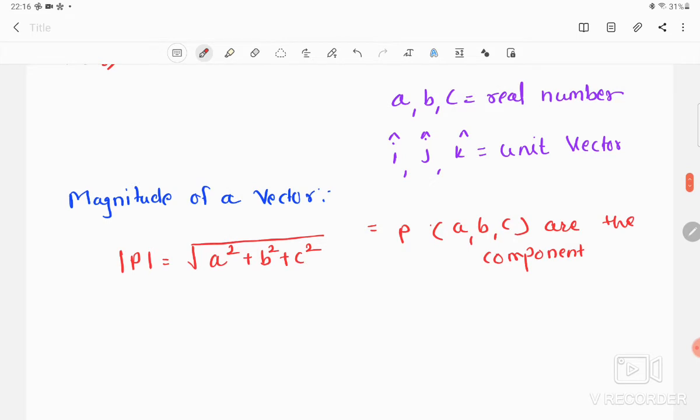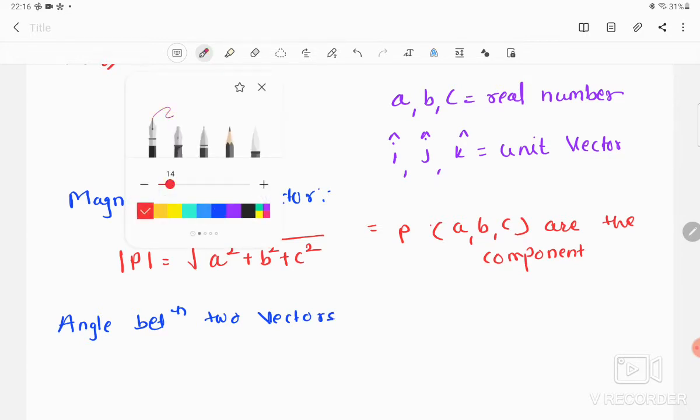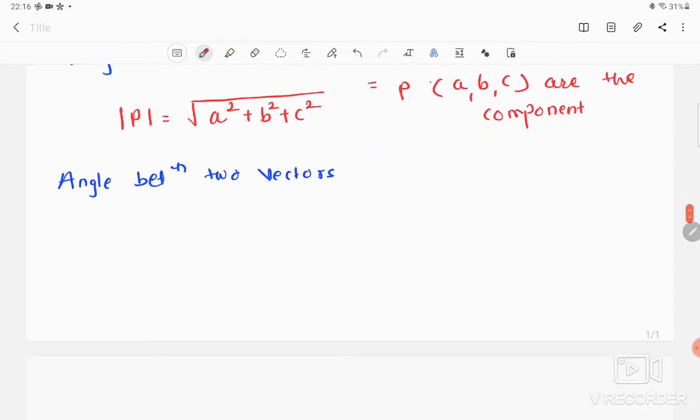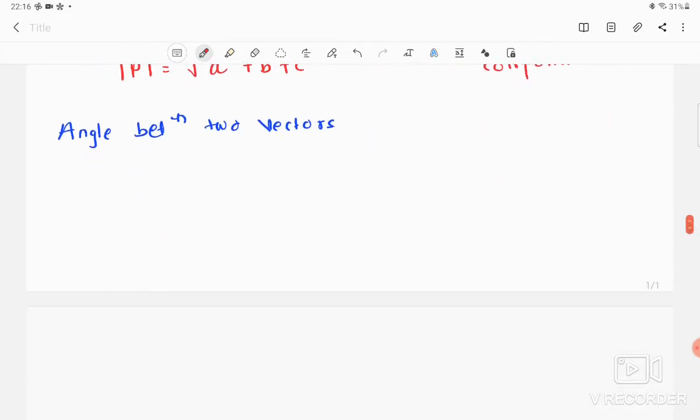Now how can we find the angle between two vectors? Suppose we have two vectors, vector A and vector B. If you want to find the angle between these two vectors, we can find it by the dot product.